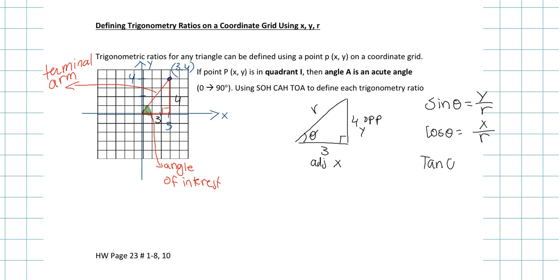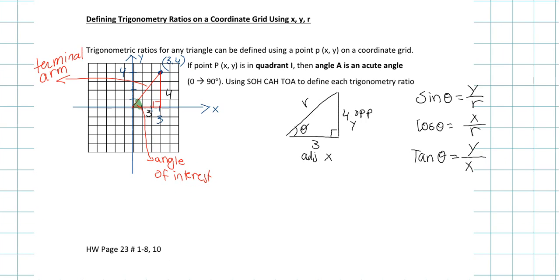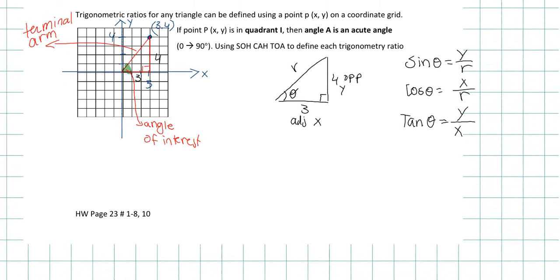Good. So now we're going to use the numbers that I've given you, which are the 3 and the 4. First of all, we need to find r, because we don't know what r is. How do you find r if you know these two sides? We are looking at the Pythagorean theorem.